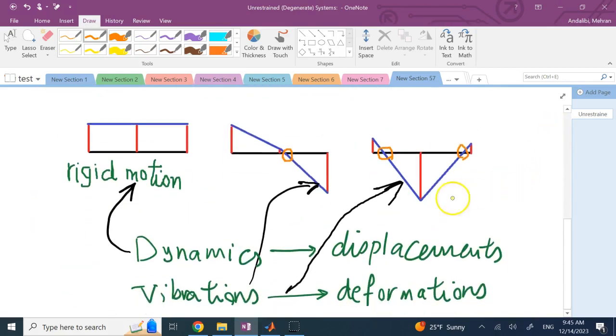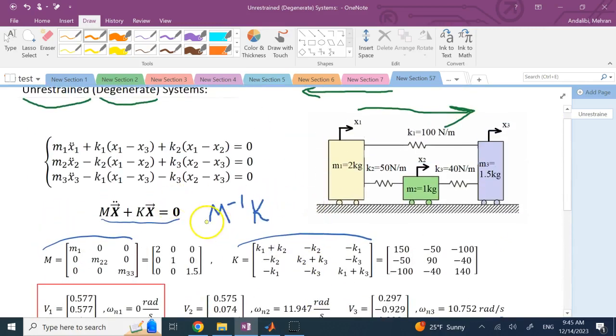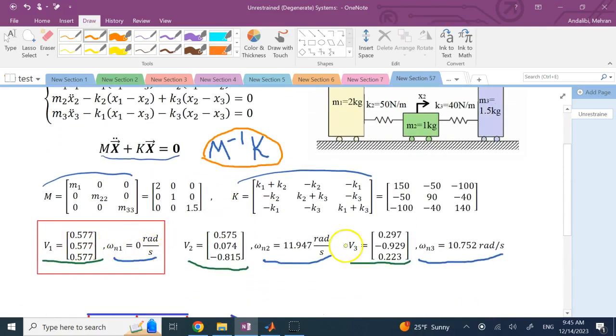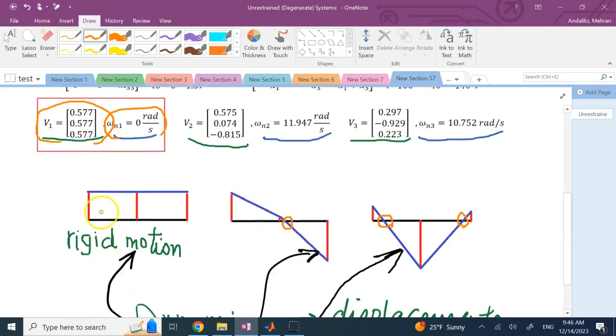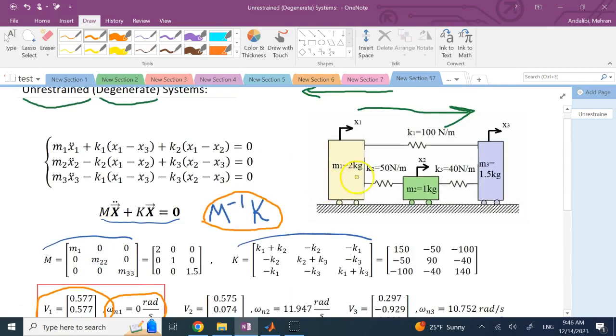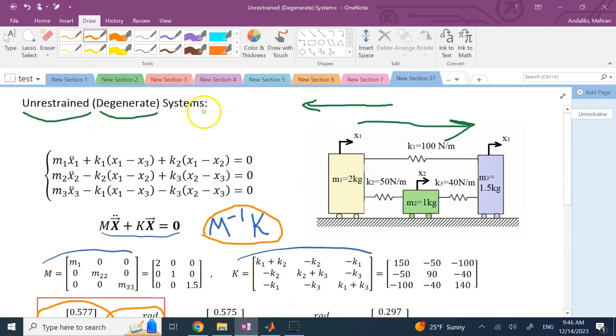Is this system capable of doing displacement? All you need to do is get this M inverse K matrix, find the eigenvalues and eigenvectors, and if you see any eigenvalue of 0 or any eigenvector with all elements equal, that means the system has not been properly restrained, and it's actually capable of moving.